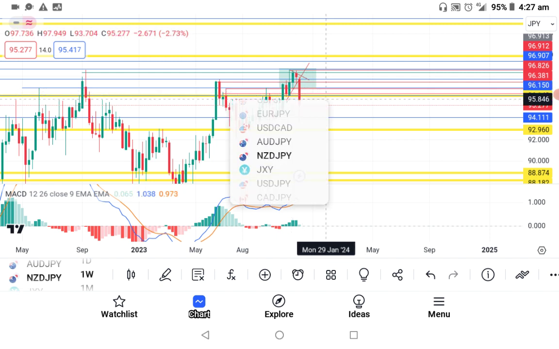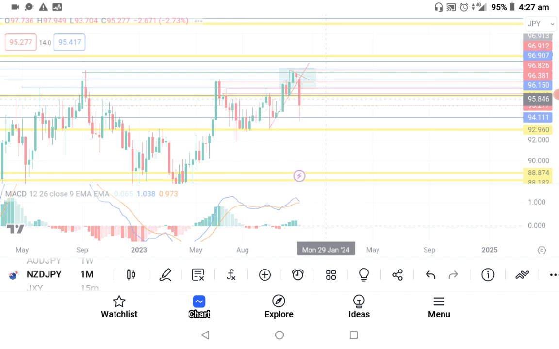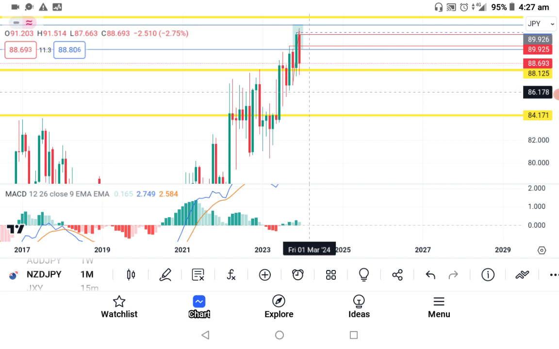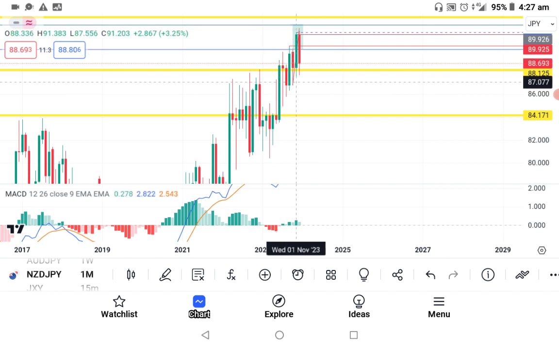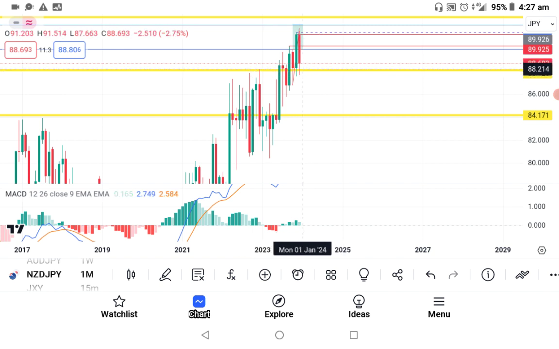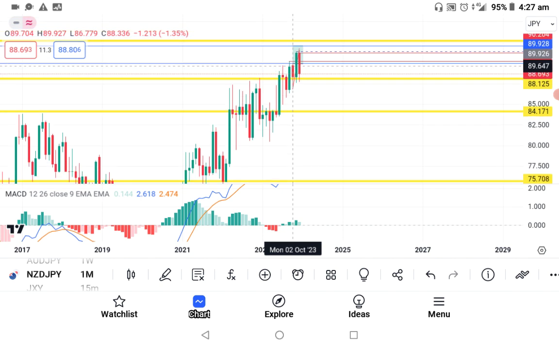So I'm up here. So New Zealand, Japanese yen. Start with the monthly. You can see this is above the support line for the monthly time frame. It's trading above it, you can see. So there's an opportunity to buy here this week. So let's go into the lower time frame to know where exactly to buy.